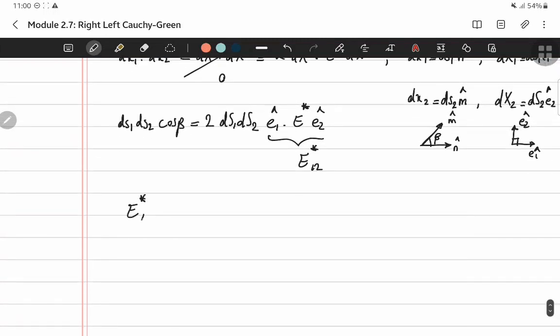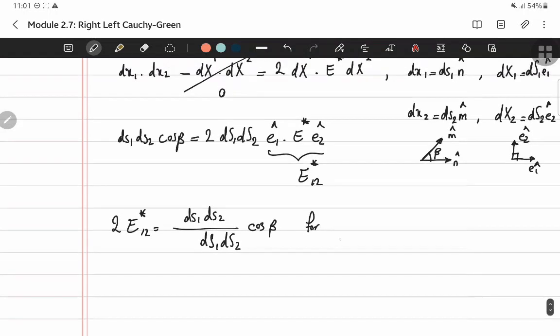Therefore E star 12 is equal to ds1 ds2 divided by 2 ds1 ds2 cosine beta. Or you can put this 2 in here and write it like this. Remember, dx1 equals ds1 e1 and dx2 equals ds2 e2.